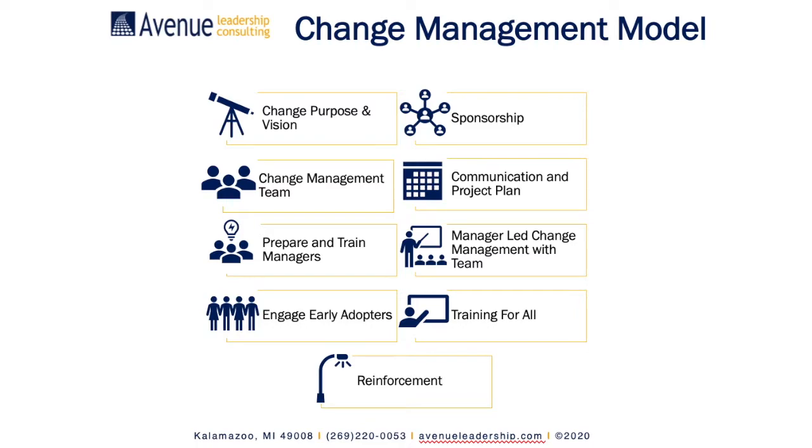Next, training and communication should be provided for all team members, cascading down and across the organization. Finally, a vital aspect of making change last is reinforcement. This involves monitoring adoption, addressing resistance hotspots, and celebrating and communicating early wins and progress along the way.